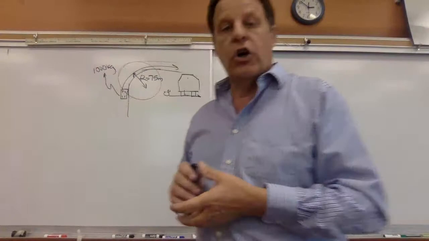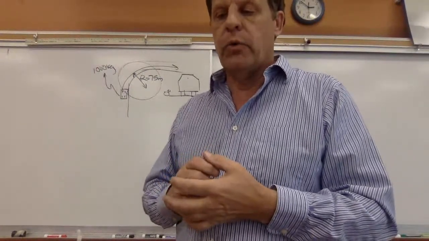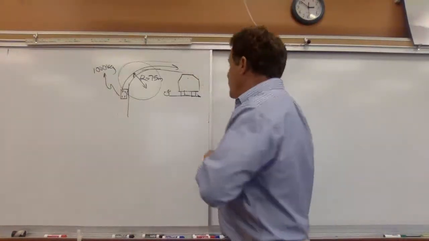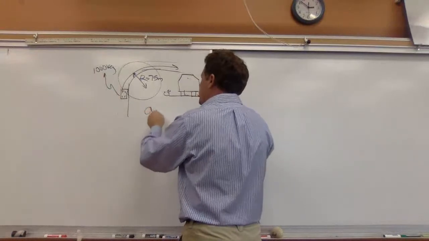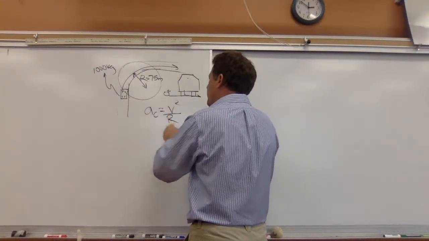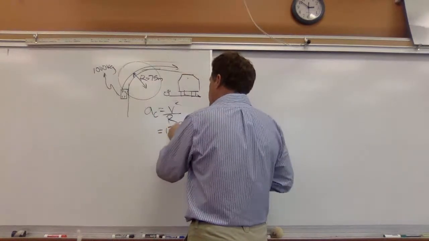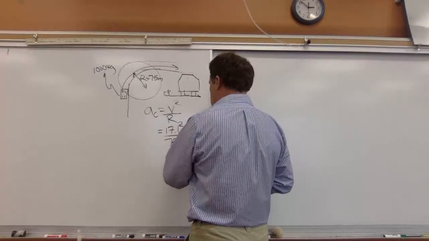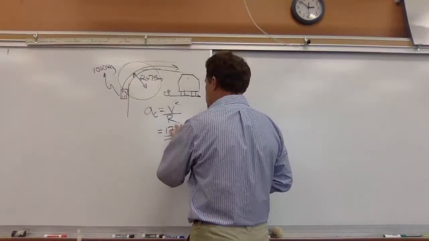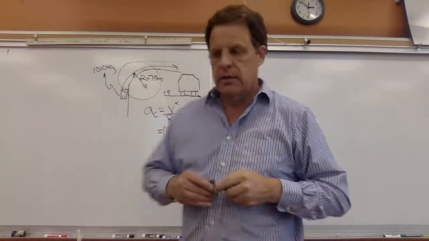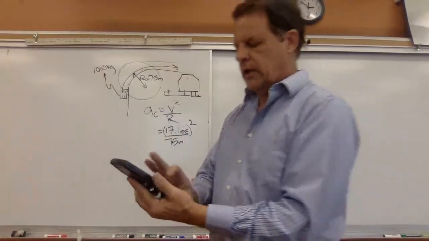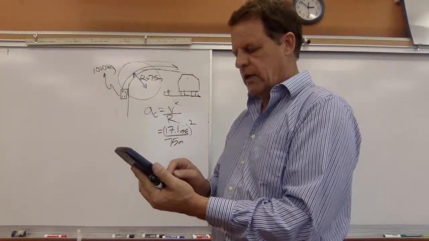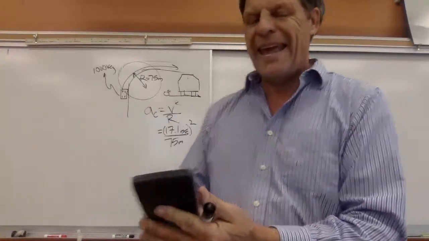So if the car was going 17.1 around the curve, calculate the centripetal acceleration. You may remember here that centripetal acceleration is equal to v squared over r. 17.1 squared divided by 75 meters per second. 17.1 squared divided by 75 is going to give us 3.8988.